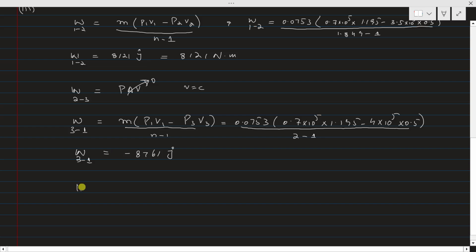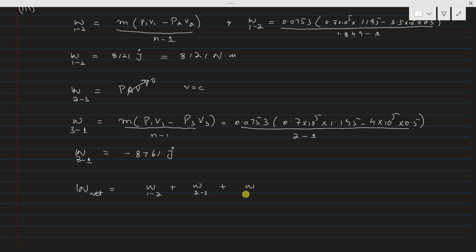Next is to find the net work of the cycle, and that was our final requirement. It will be equal to the work from process 1 to 2, plus the work from process 2 to 3, plus the work from process 3 to 1. Just write the values and add them.